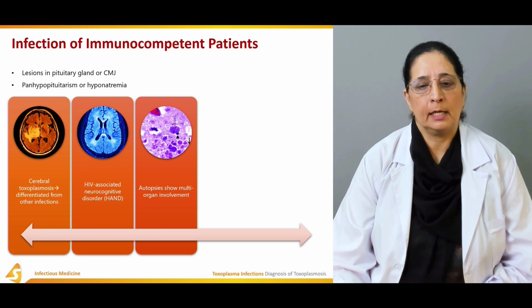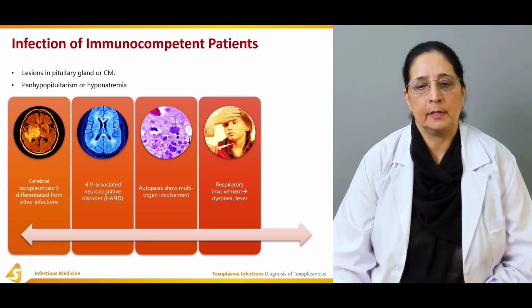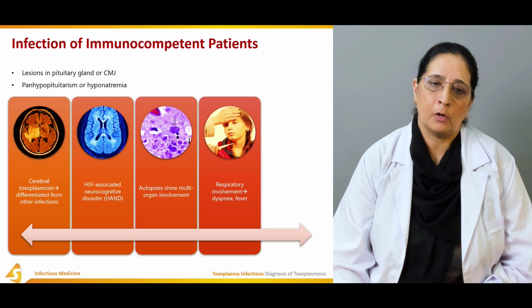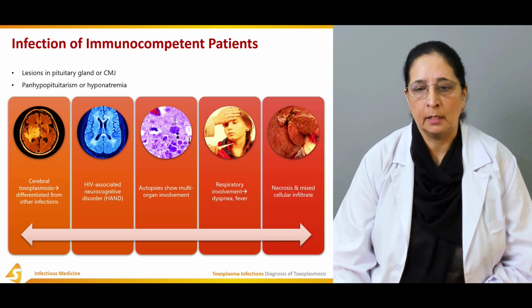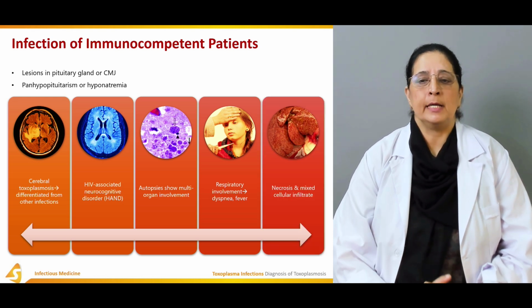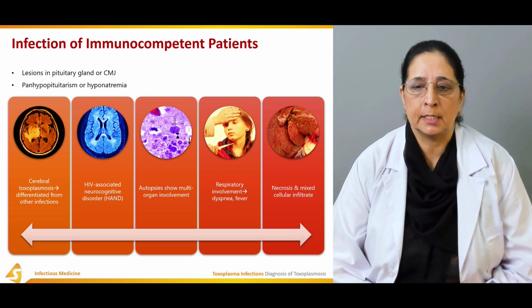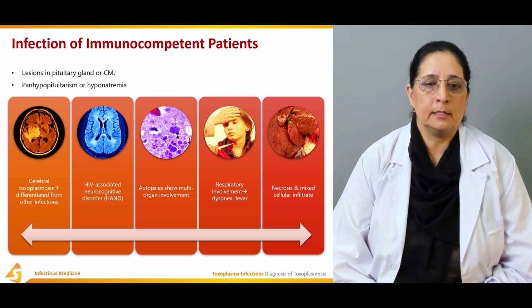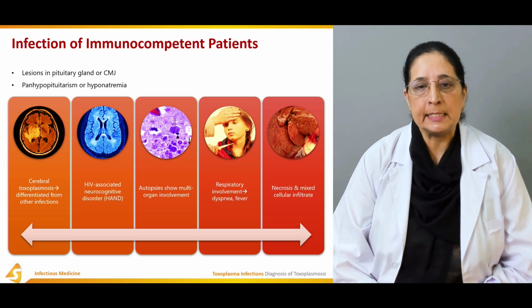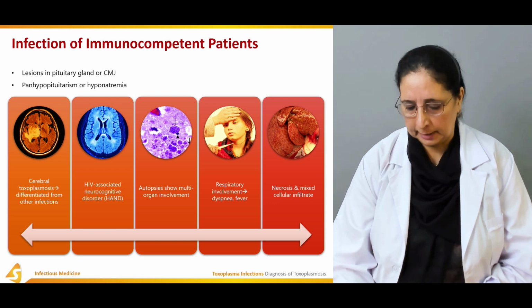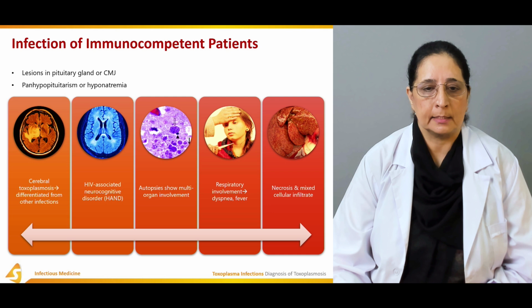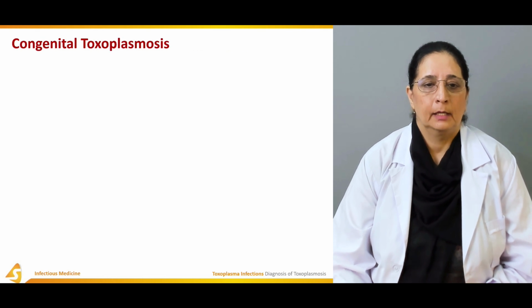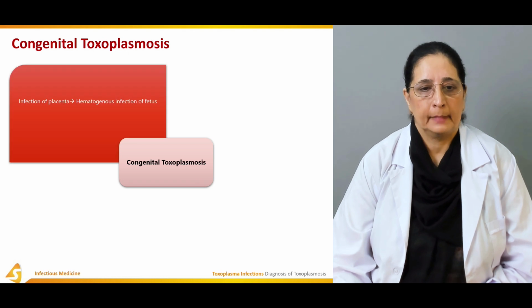Autopsies show multi-organ involvement; respiratory involvement causes dyspnea and fever, and necrosis and mixed cellular infiltrates are present. So all these are the different findings present in patients with toxoplasmosis.